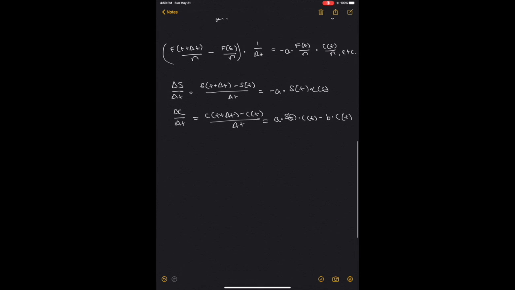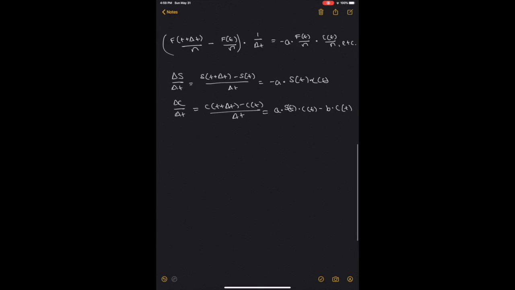Now we can calculate the derivative, and we can say that ds over dt is equivalent to the limit as delta t approaches 0 of delta s over delta t, which is equivalent to the limit as delta t approaches 0 of s of t plus delta t minus s of t over delta t.